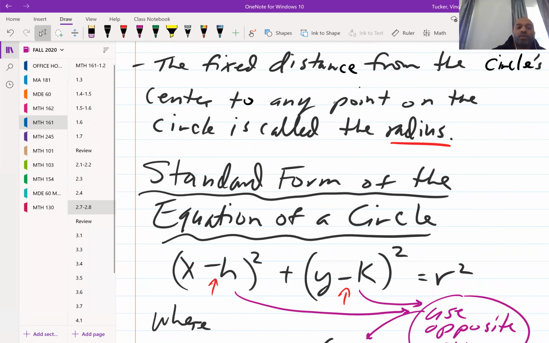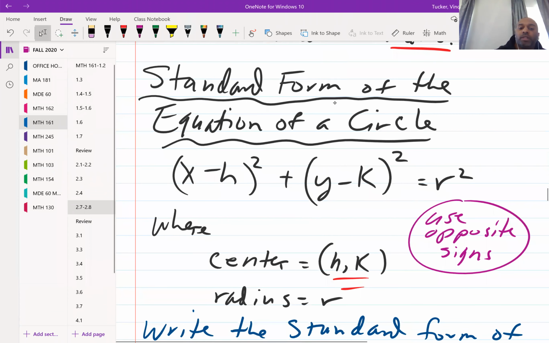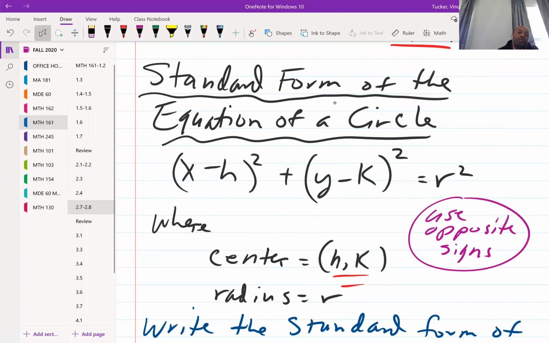All right, so the standard form of the equation of the circle is x minus h squared plus y minus k squared equal to r squared. Everybody done with that? Okay. Where your center is going to be coordinates h, k, and your radius will be r.